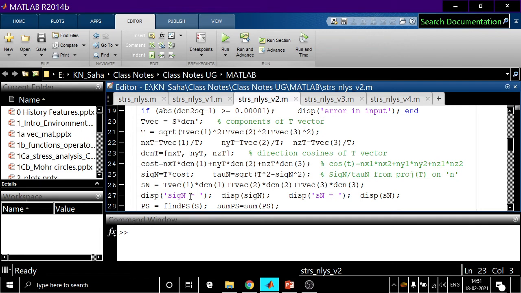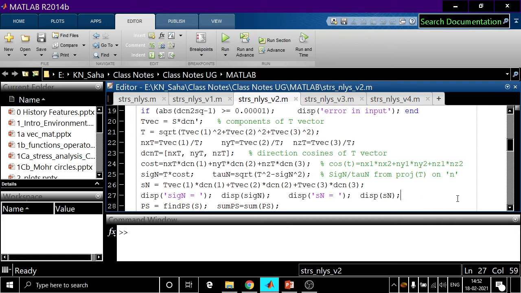Right? So this Sn and sigma n, ideally they should be equal. This is what is displayed here also. What is sigma n and what is this Sn? They should be identical. Clear? Okay, this is what is there. If we run the program, we can see that this will happen.